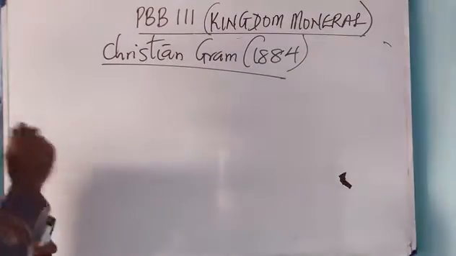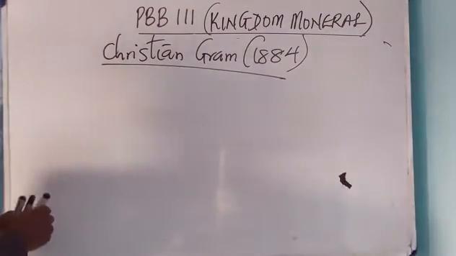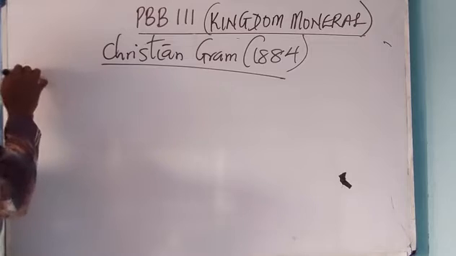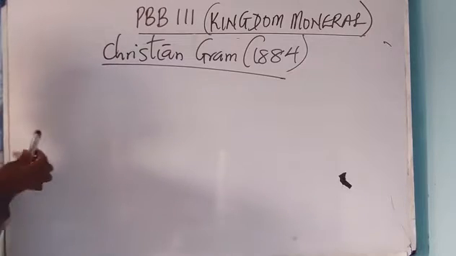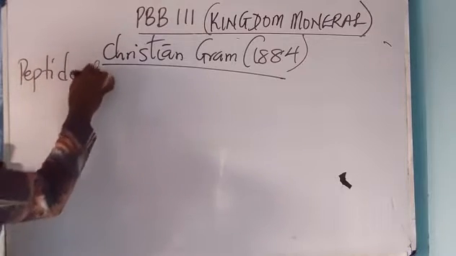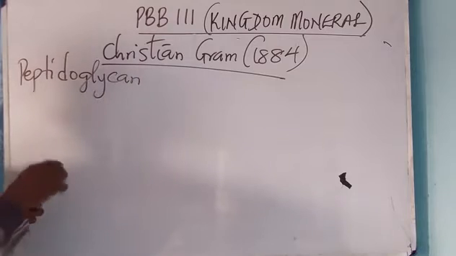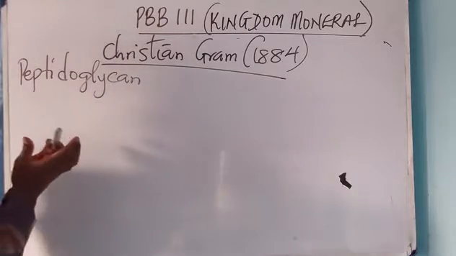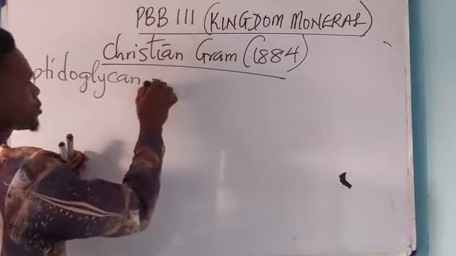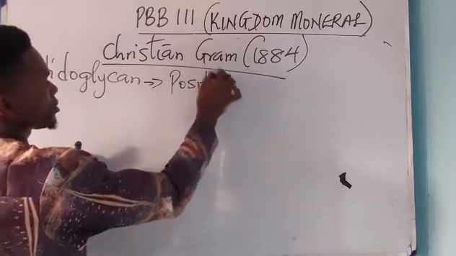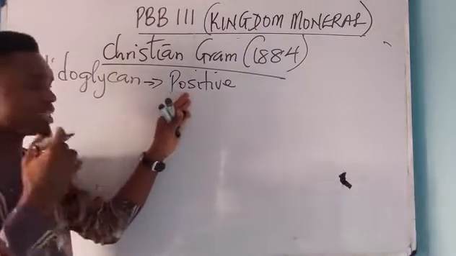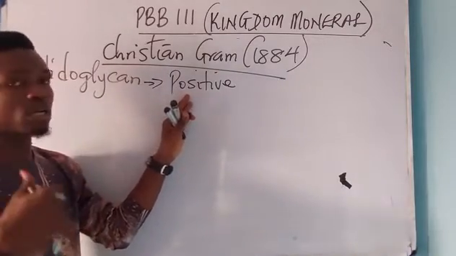Now, after his experiment, he concluded that the set of bacteria having a lot of this peptidoglycan, we call them the positive gram bacteria, while the ones having less peptidoglycan were called negative gram bacteria.